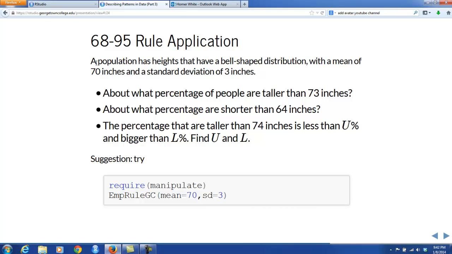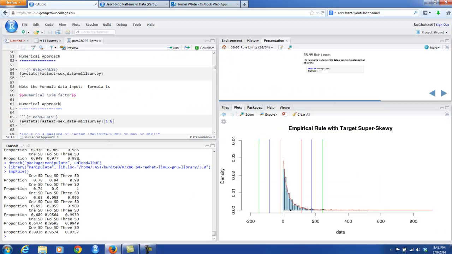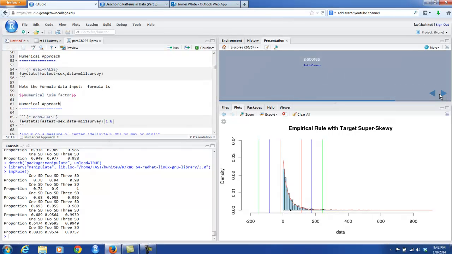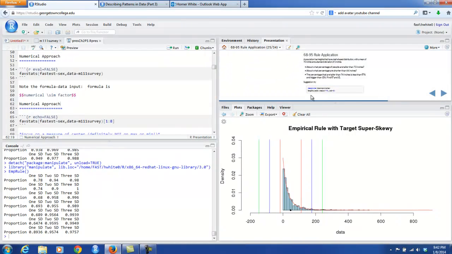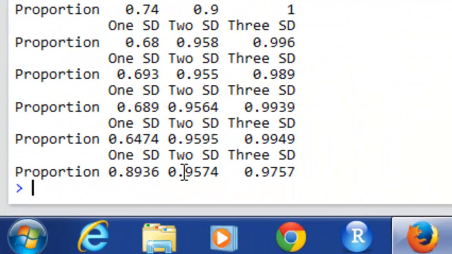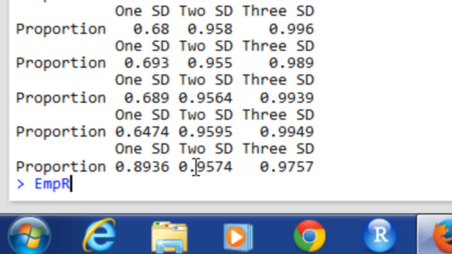So let's head back to our studio and look again. Imp Rule GC is the name of the app, so I'll type that in.